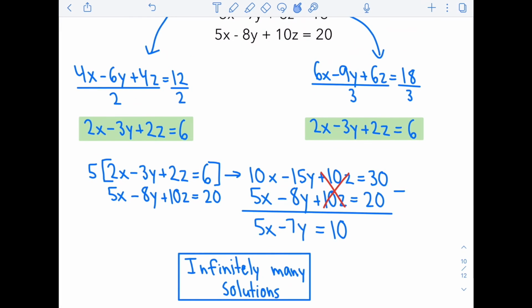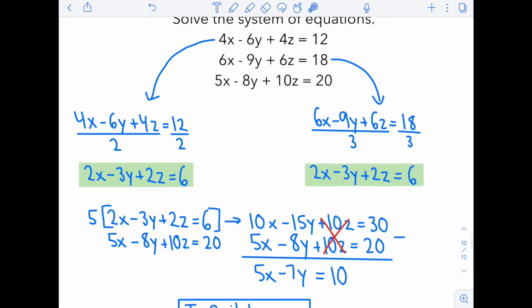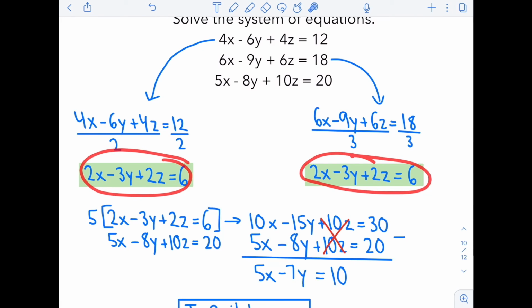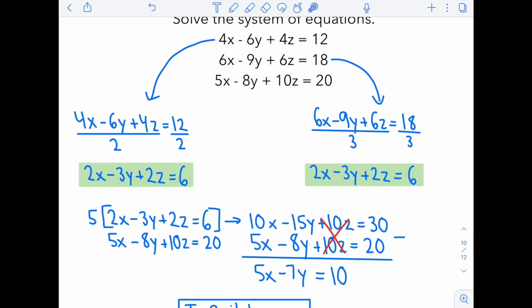Also, what some people would do is they would get this equation and subtract it by this equation, and they would get 0 equals 0, and that would be some sort of indication that there are an infinite number of solutions.